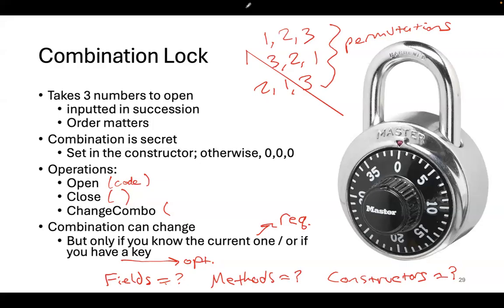You have a method for open that changes the boolean, and a constructor that keeps the lock either open or closed, depending on what you want.